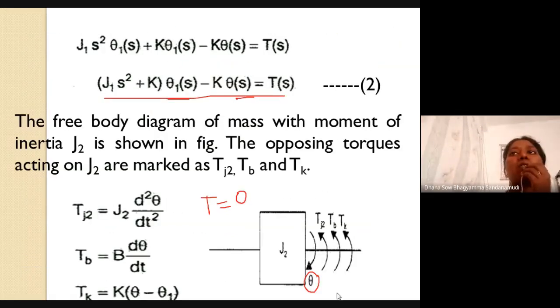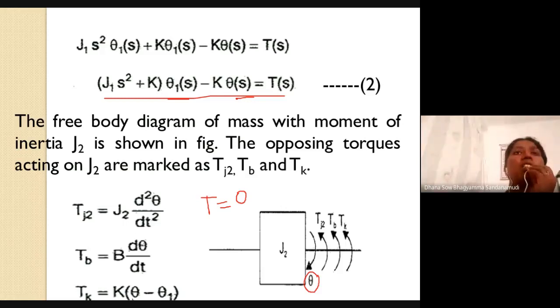So 3 terms, Tj2, Tb, Tk. What is J? Moment of inertia, torque due to moment of inertia. So it is equal to J2 into d square theta by dt square. Tb is torque due to friction, so B into d theta by dt. Tk is torque due to elasticity, K into differential displacement.